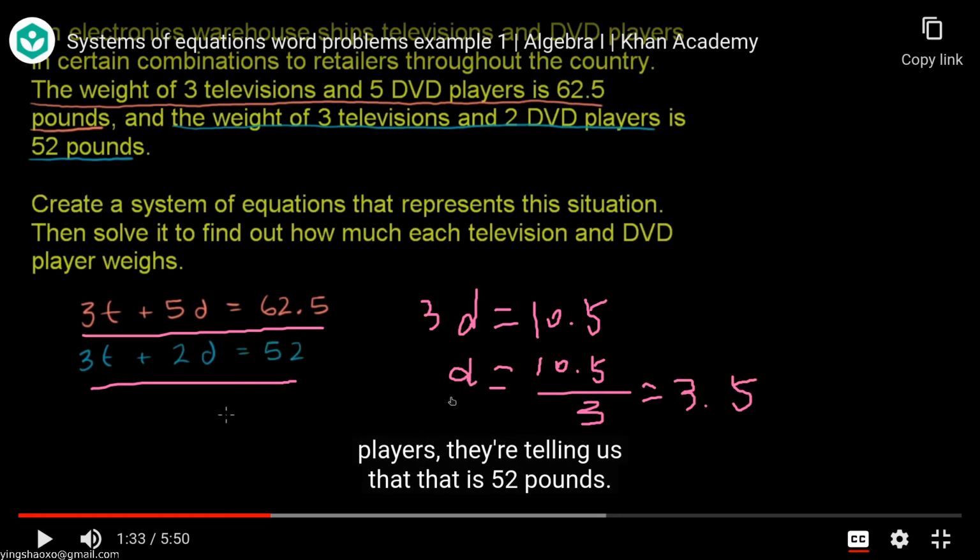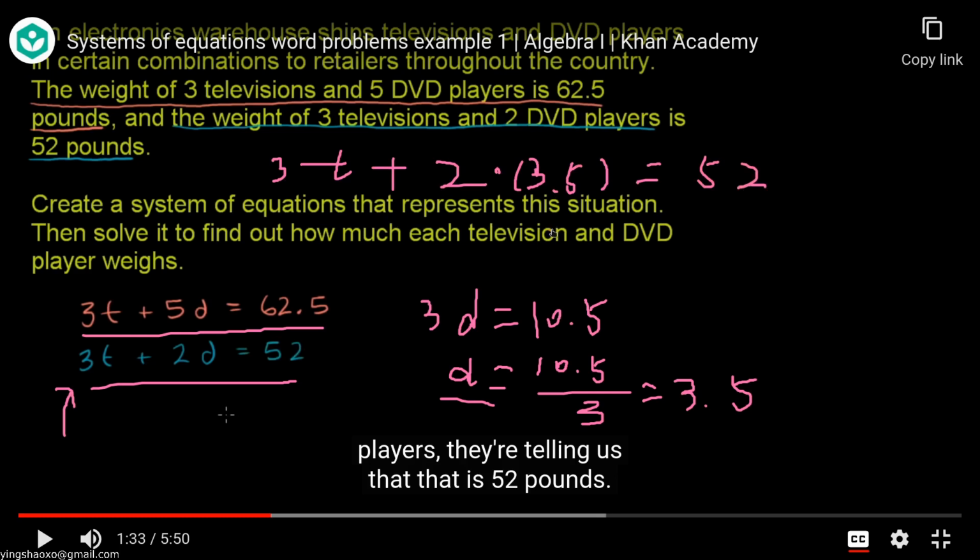Well, we just have to put this d value into either of those equations. For example, I'm going to use the second equation. That will be 3t plus 2 times 3.5 equals 52.